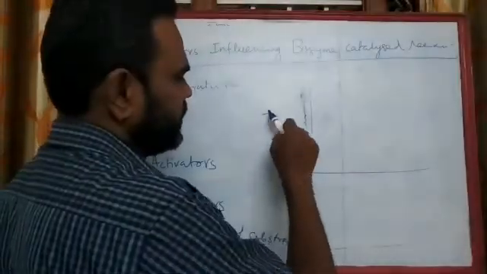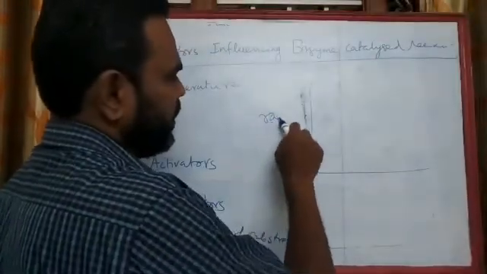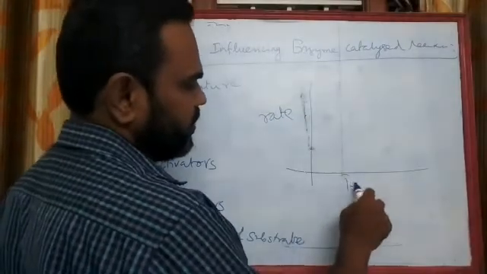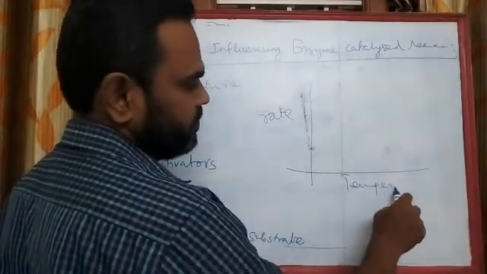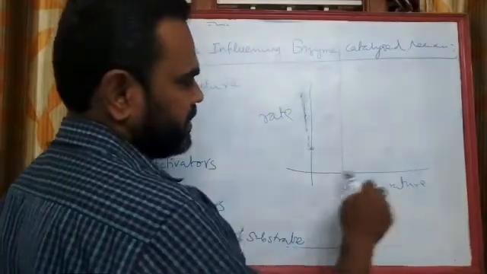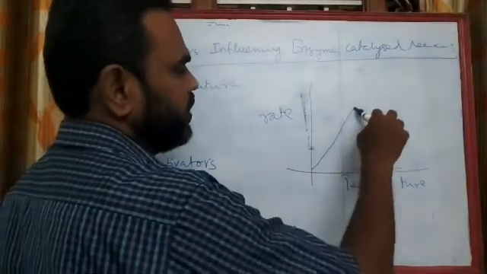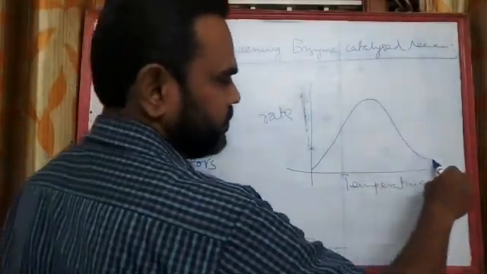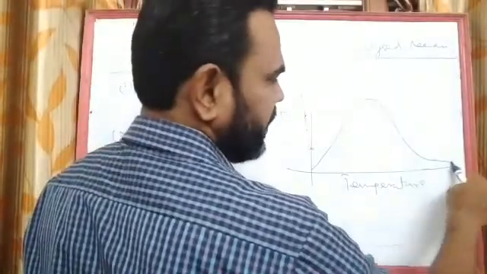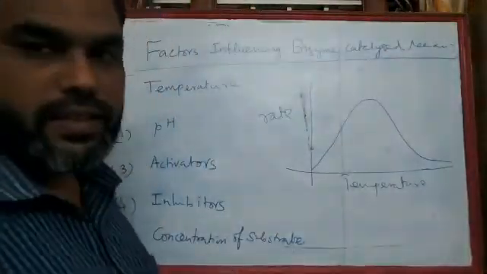Okay. So if you plot the rate on the y-axis and temperature on the x-axis, it will be like this. Normally enzyme catalyzed reactions will be like this.